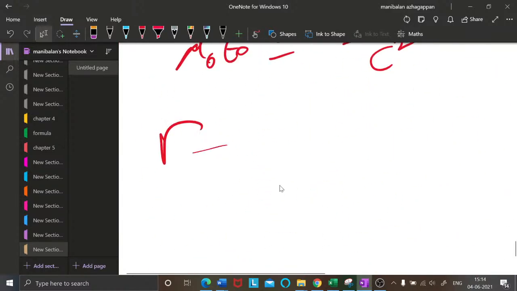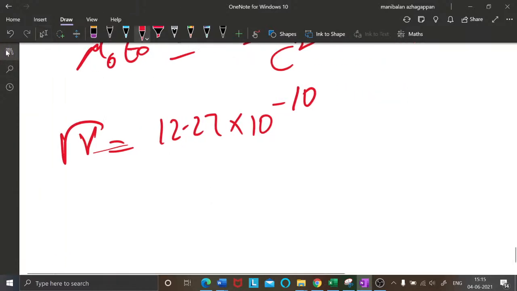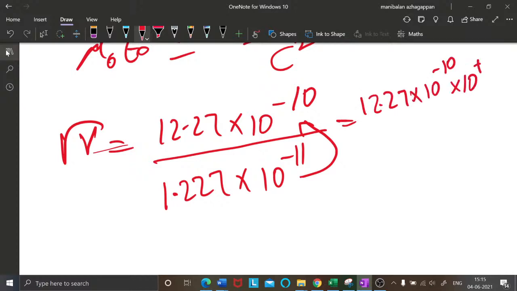So we get root of voltage equal to 12.27 × 10^-10, because of the angstrom unit. Then what do I get in the denominator? Here the denominator is 1.227 × 10^-11. Since we take the wavelength in the denominator, 10^11 comes to the numerator. So it is 12.27 × 10^-10 × 10^11 over 1.227.